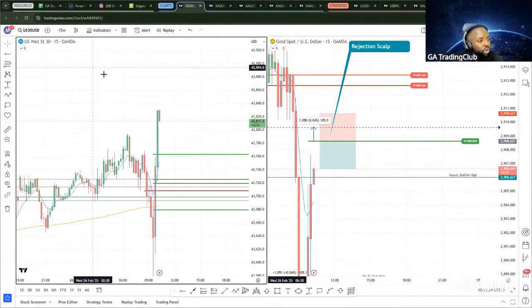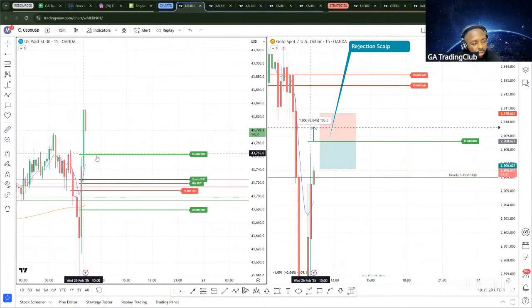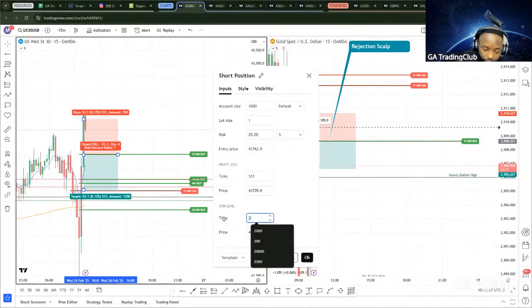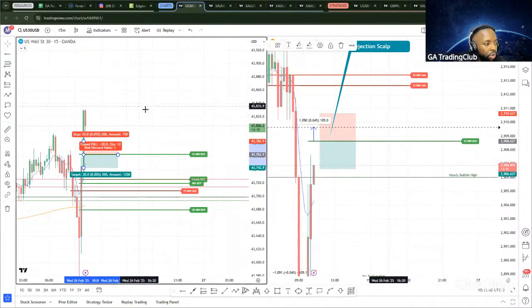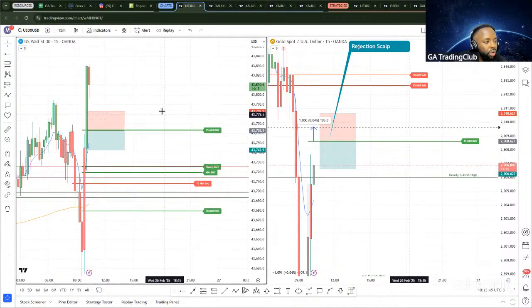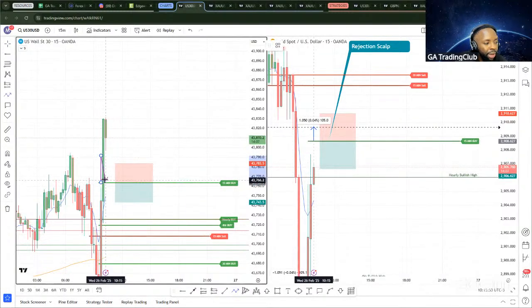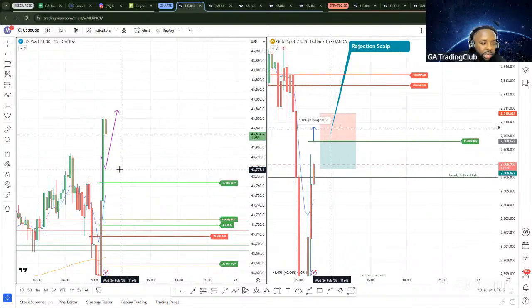All right, so if we go back here to US 30, the rejection scalp would have gotten stopped out. Let's assume, and this is just a comparison of the benefits of entering on the 5 second time frame and the benefits of setting a pending order. Somebody who had a pending order here, and price obviously hit that 10-point marker we are looking at, but did not come back to the rejection area, and price kept going and going, would have just deleted that pending order.